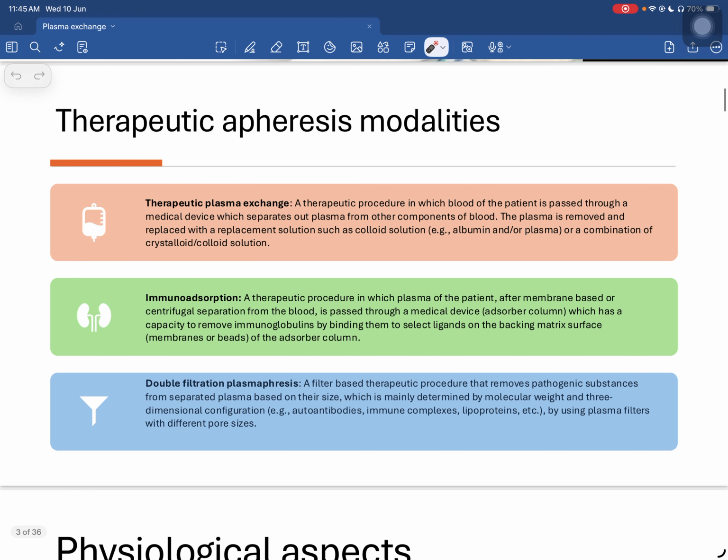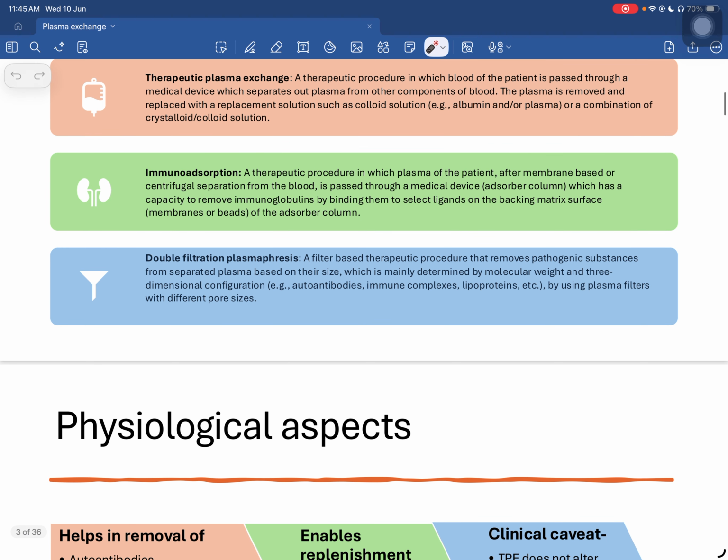And in double filtration plasmapheresis, the pathogenic substances are removed from the plasma based on their size, determined by the molecular weight and the three-dimensional configuration of the molecule, by using plasma filters with different pore sizes. So the basic difference in how plasma exchange is different is that you are giving a replacement fluid along with the plasma that you're returning back to the patient.